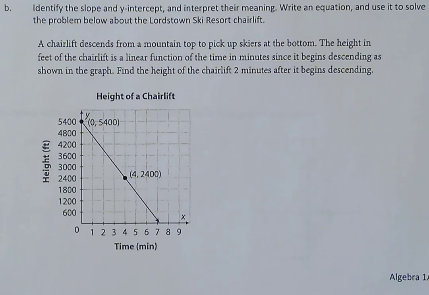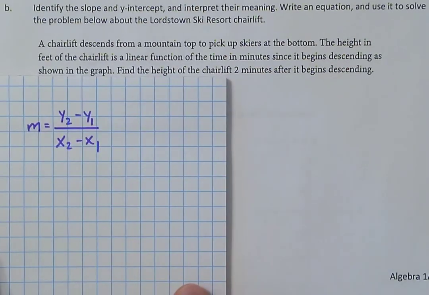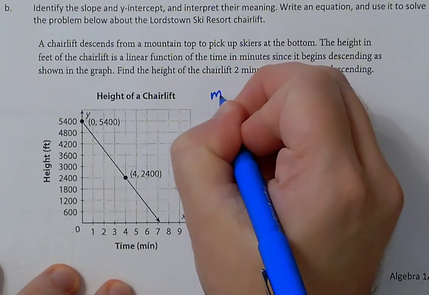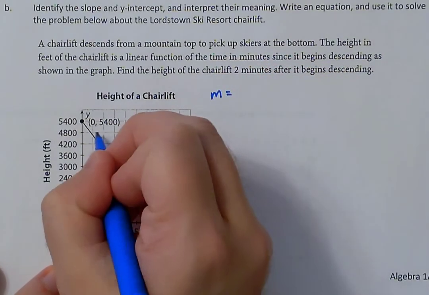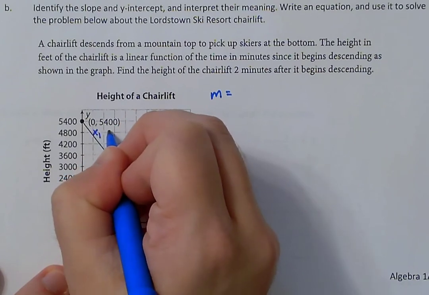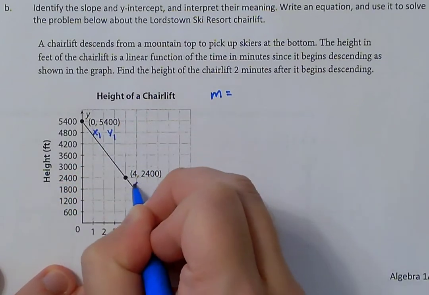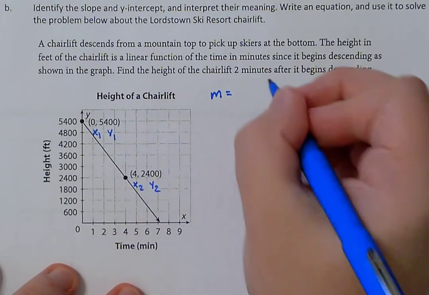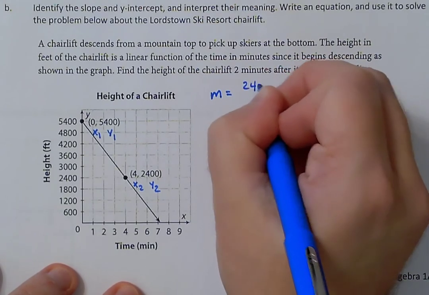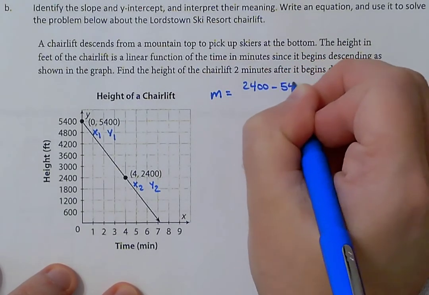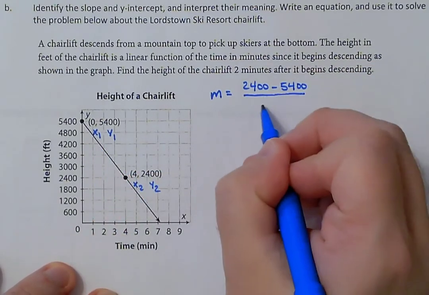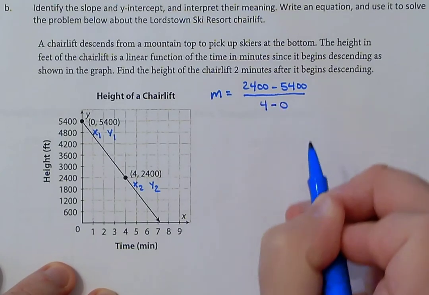So remember, our slope is going to be y2 minus y1 over x2 minus x1. Now, I'm going to call this my x1, y1, and then my x2, y2. So for slope, it's y2 minus y1, so it's 2,400 minus 5,400 over x2 minus x1, so that's going to be over 4 minus 0.